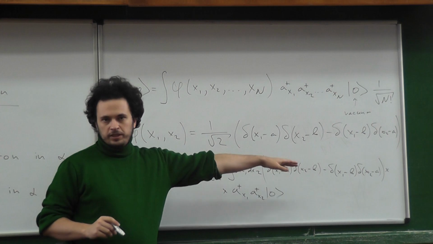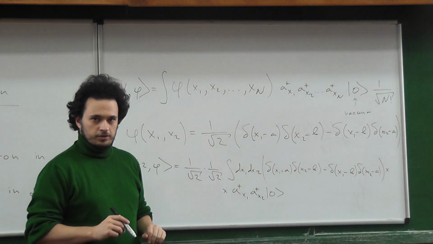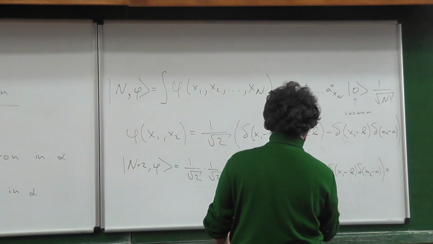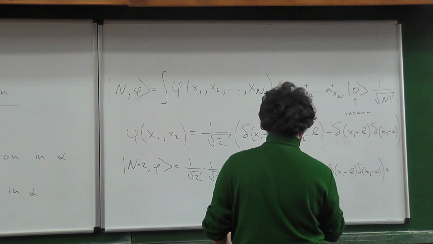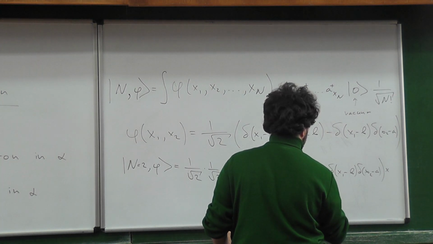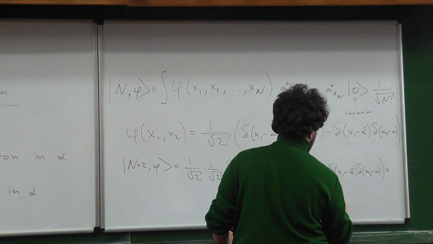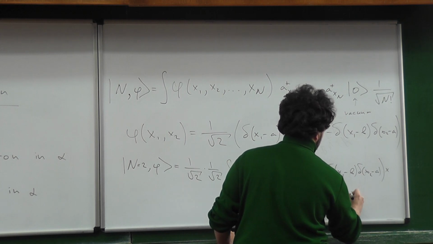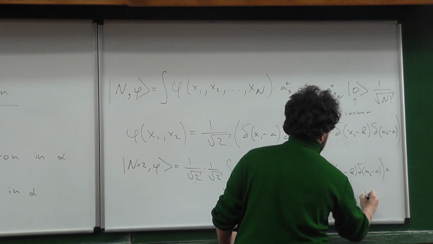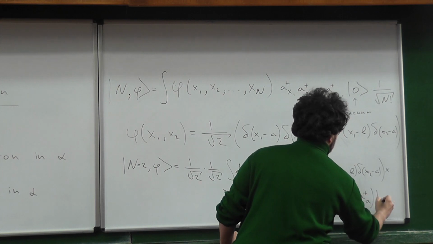And the integrals are killed by the delta functions. So this is equal to 1/2 (a dagger a dagger b minus a dagger b a dagger a) times the vacuum.